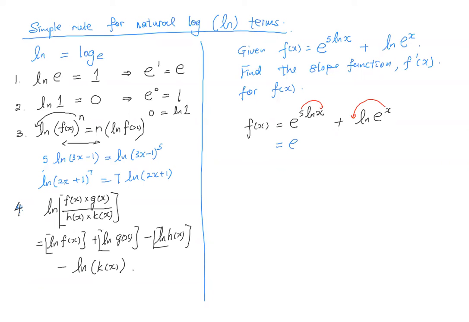So let's write first. Then after that, how to simplify the first one? x power 5. Yes, you are right. So it's x power 5. So class, do you know why it is x power 5?